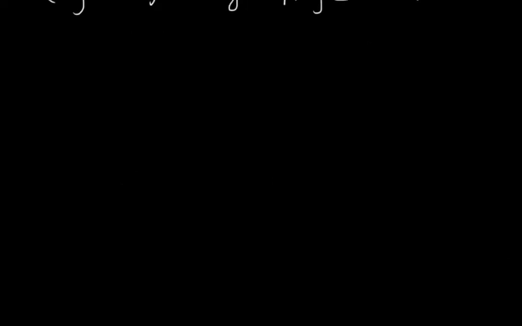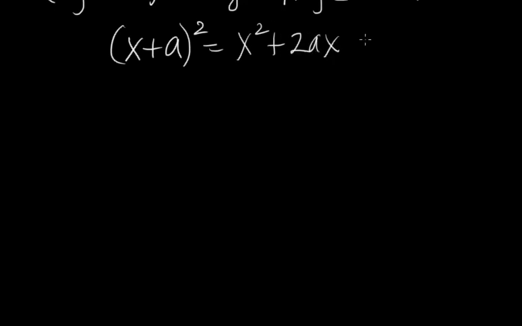Sometimes you don't want to expand things, you want to put things into a different form. For example, let's write down again, x plus a, the quantity squared, is equal to x squared plus 2ax plus a squared.